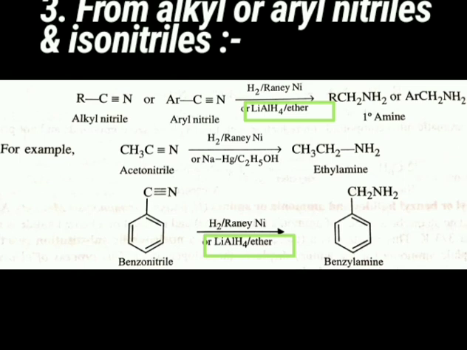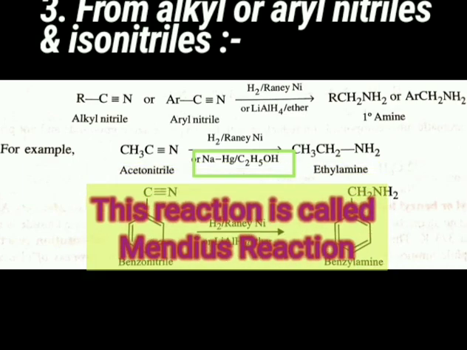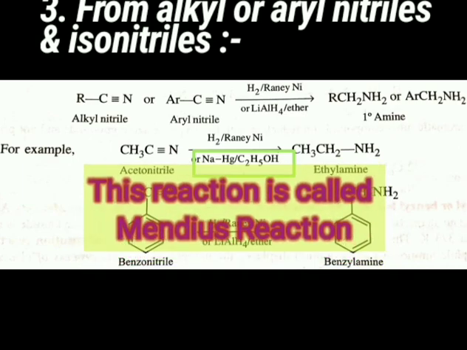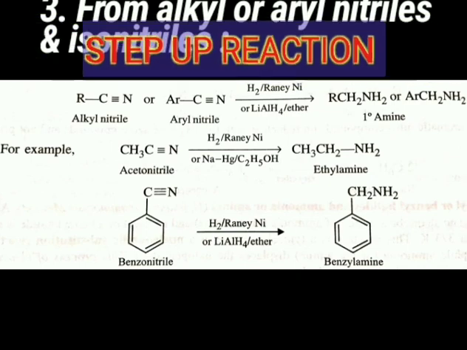And the third method of reduction of nitrile compounds is by reacting sodium amalgam in ethanolic solution. This third method of reduction of alkyl or aryl nitriles using ethanol and sodium amalgam mixture is also well known by the name of Mendius reduction. One important point to remember is that the amine formed in the product contains one carbon atom more than the parent nitrile.